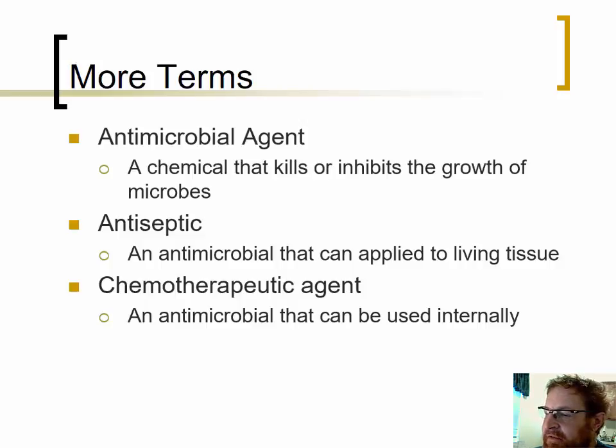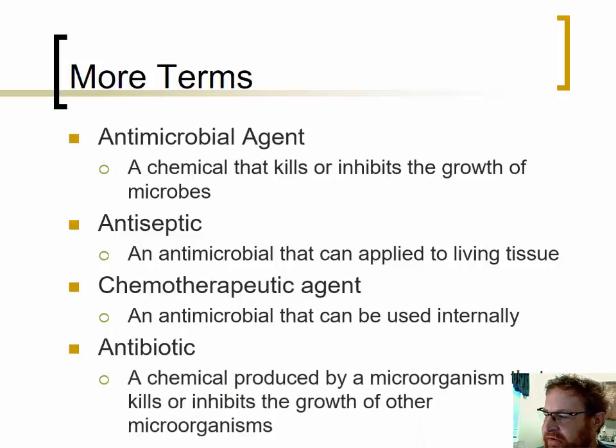Okay, a chemotherapeutic agent, this is anything that you can use internally. The first things that come to mind are antibiotics, and then it's perfectly fine to take an antibiotic internally, and it will kill them.